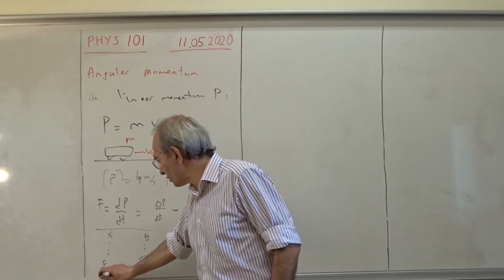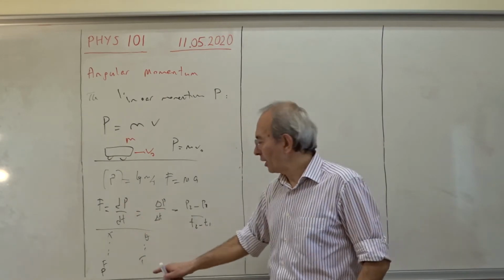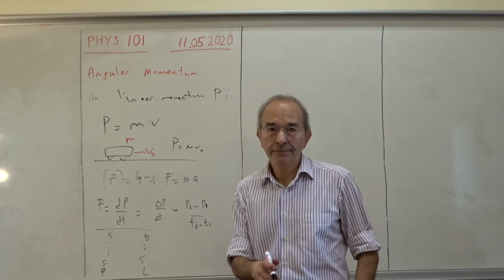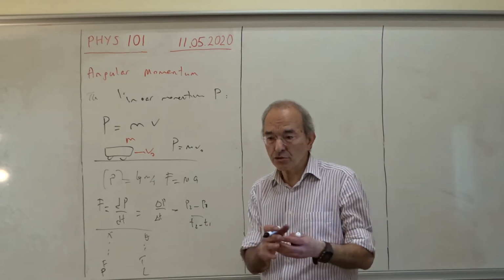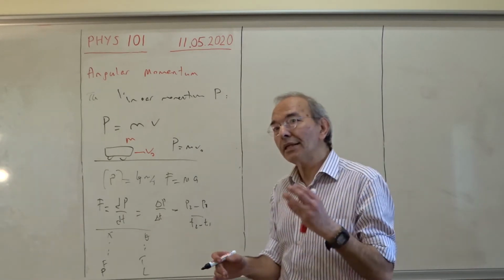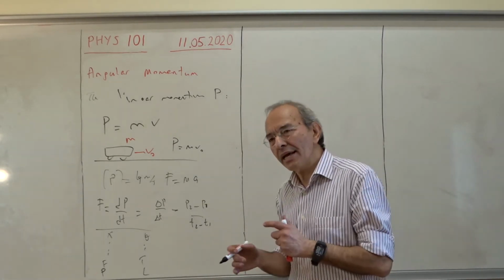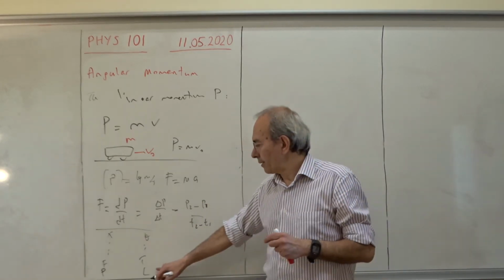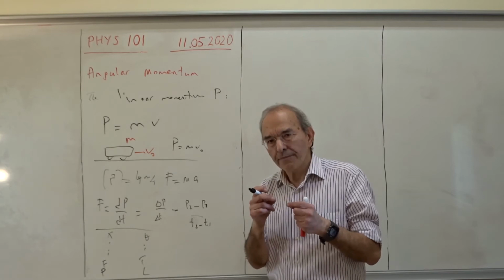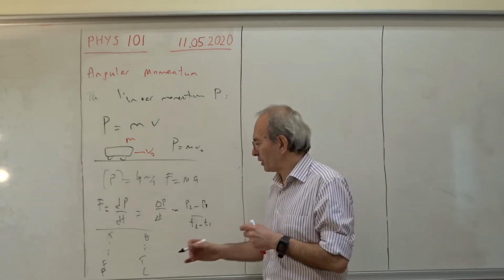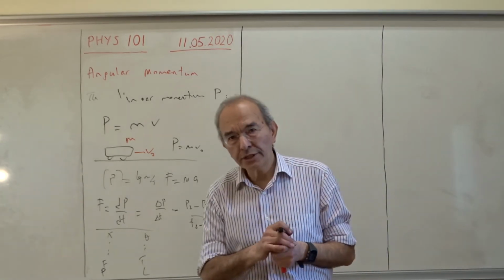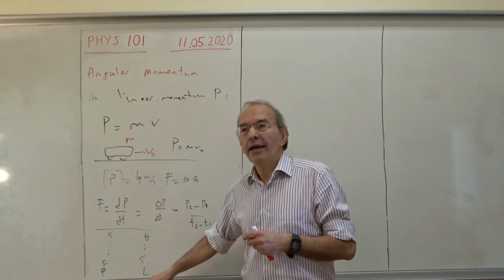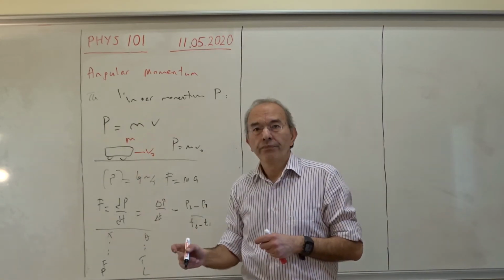Linear momentum is P, and now we have capital L. Here capital L is not the length of an object; I avoid using length L where you may have trouble, and I use lowercase b for the length of an object. So capital L is the angular momentum.